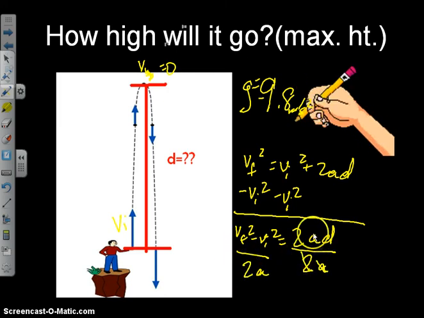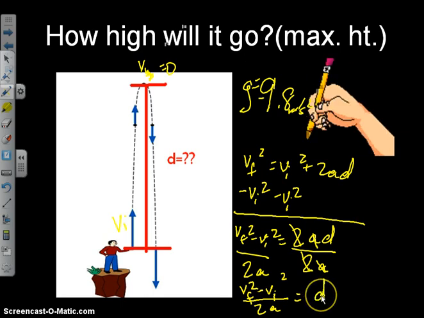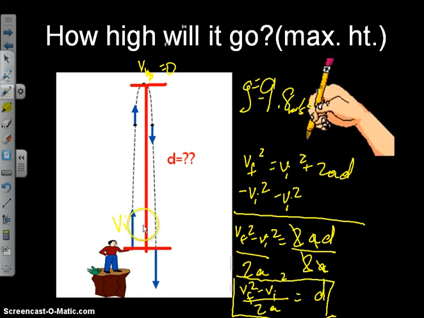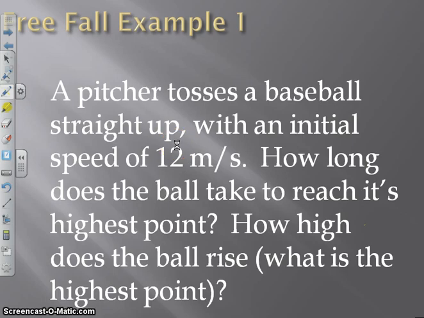Canceling and rewriting, I can tell that my v final squared minus my v initial squared, divided by 2a, is going to give me a good formula to get the distance all the way to the top. That'll tell me how high it's going to go from my initial velocity that was given to me to a final velocity of 0, because I know that that's what's going to happen at the top of the trajectory.